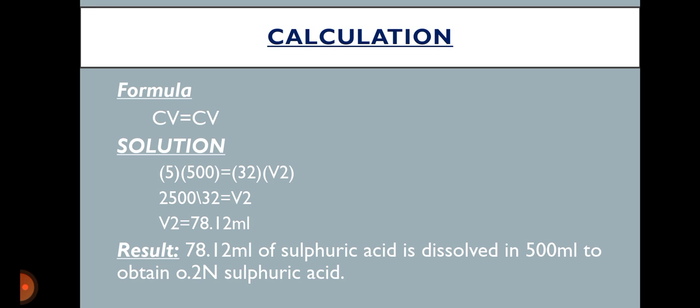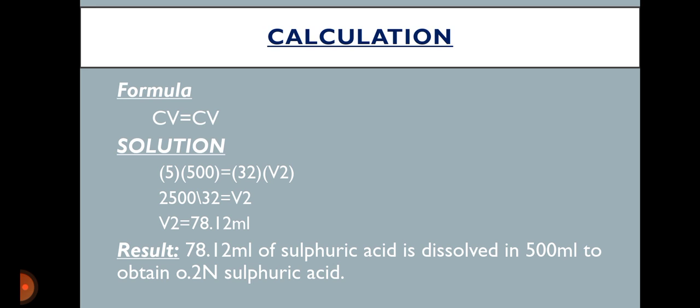After multiplying 5 with 500, we get 2500. Here 32 is multiplied with V2, so 32 moves to the other side and 2500 gets divided by 32. After dividing by 32, we get the value of V2, which is 78.12 ml.